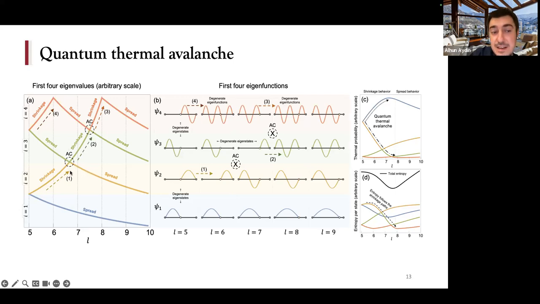But this is an infinitesimal avoided crossing, so there is really a crossing kind of behavior here. The reason is this is a Dirichlet bound. This is the ideal case.